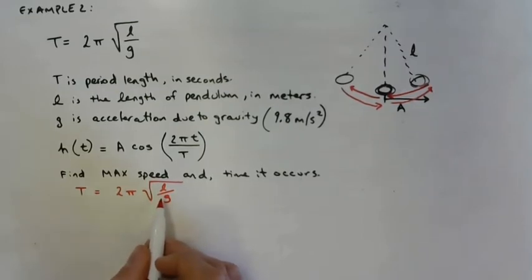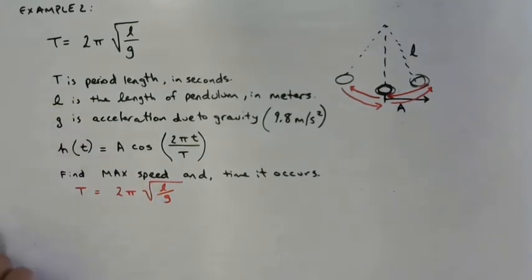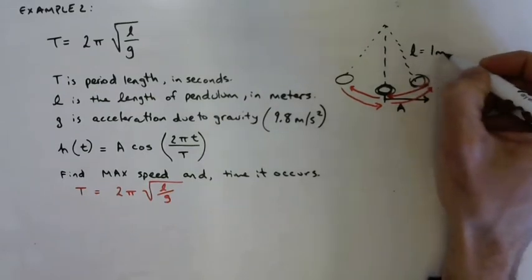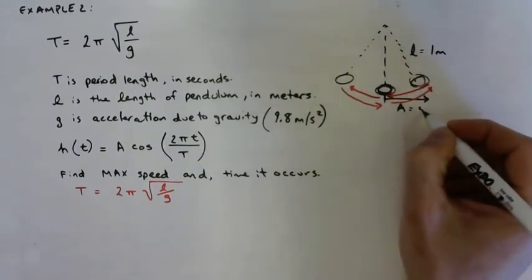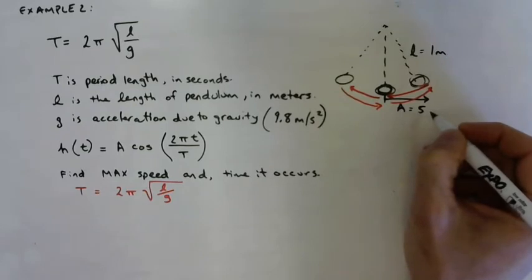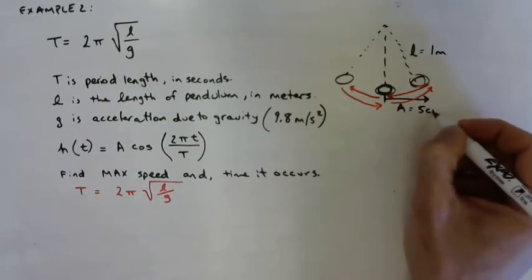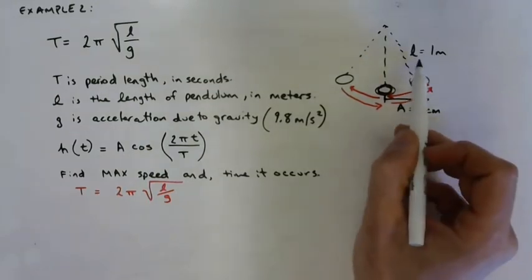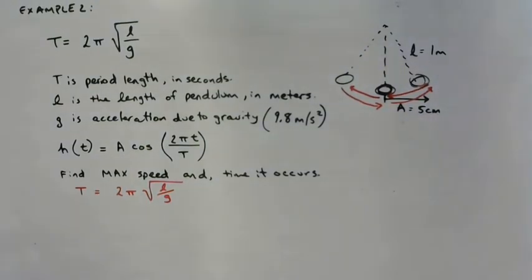The last line of the problem tells us that the pendulum, in this case, has a length of 1 meter and amplitude of 5 centimeters. So its horizontal distance is given in centimeters, and its length is given in meters, so we're going to be careful about that.